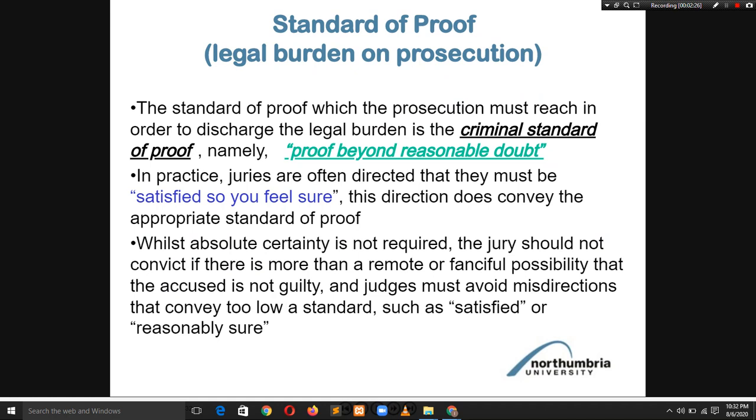Absolute certainty is not required. The jury should not convict if there is more than a remote or fanciful possibility that the accused is not guilty, and judges must avoid misdirections that convey too low a standard, such as satisfied or reasonably sure.